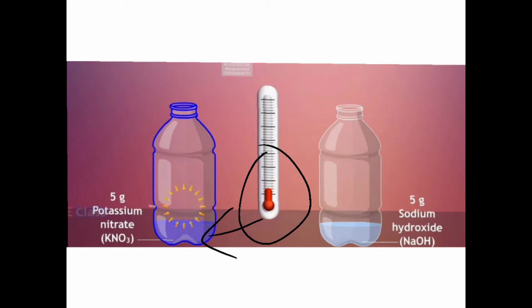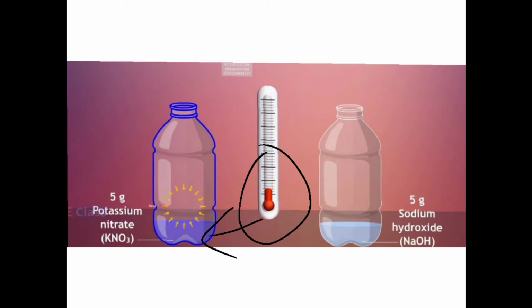Heat from the surrounding is absorbed and therefore the temperature of the resulting solution is less. So the process in which the heat is absorbed from the outside is called an endothermic process.